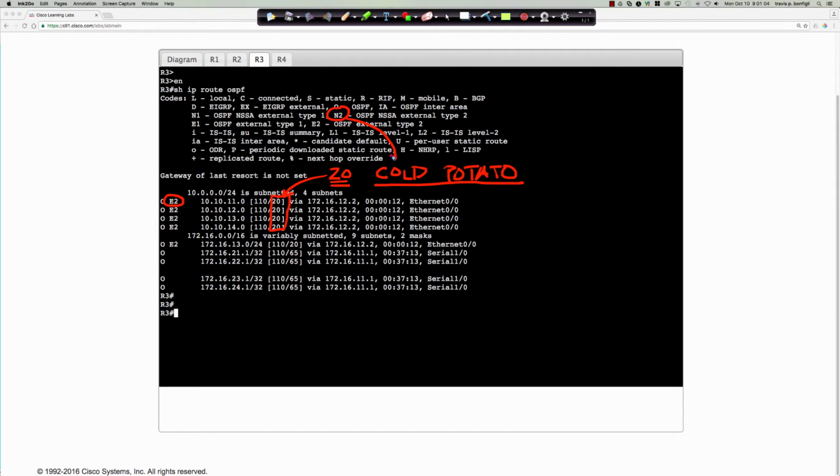N2, these are known as cold potato routing because everything is given the same metric when it is redistributed into a non-stub area in the case of E1, E2, and in the case of a stub area, N1, N2. And so those are referred to as cold potato when we're redistributing things in and we're not taking into account the cost of the internal links.